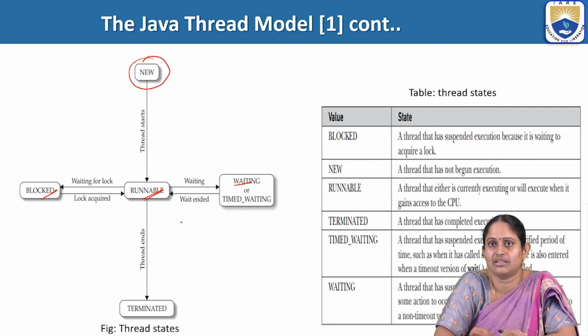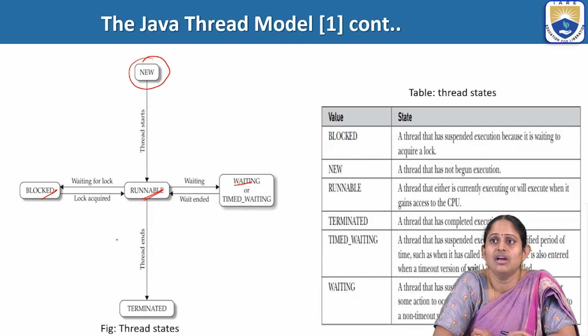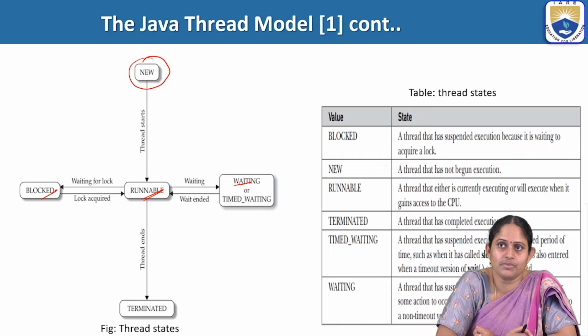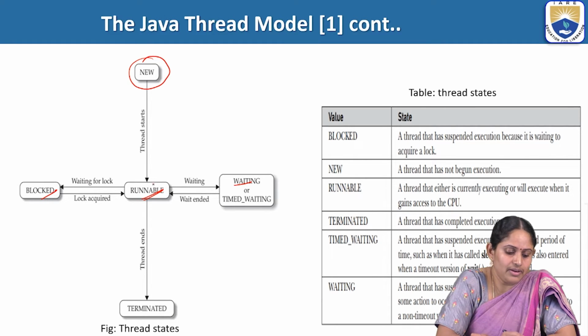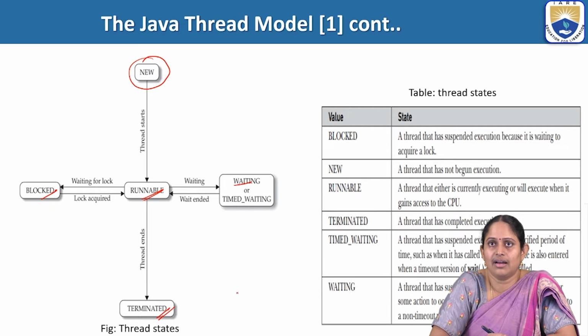It may move into the blocked state when the thread has suspended execution because it is waiting to acquire a lock. And once the thread completes its execution, it moves to the terminated state. So these are the various states of a thread in Java.